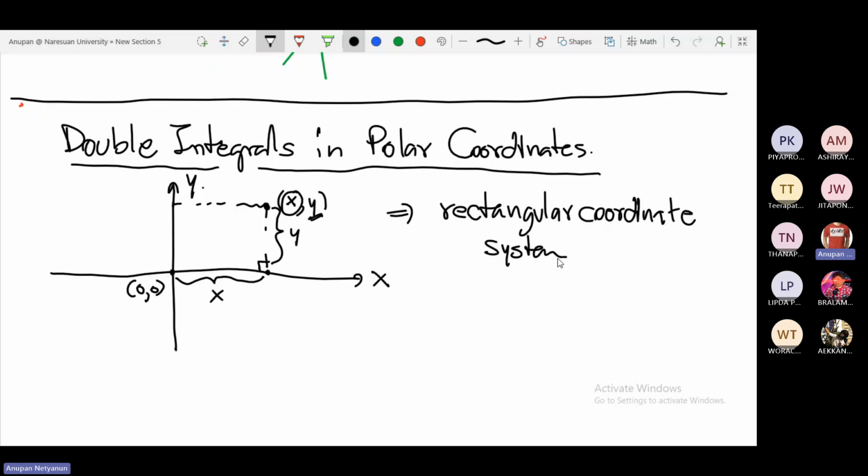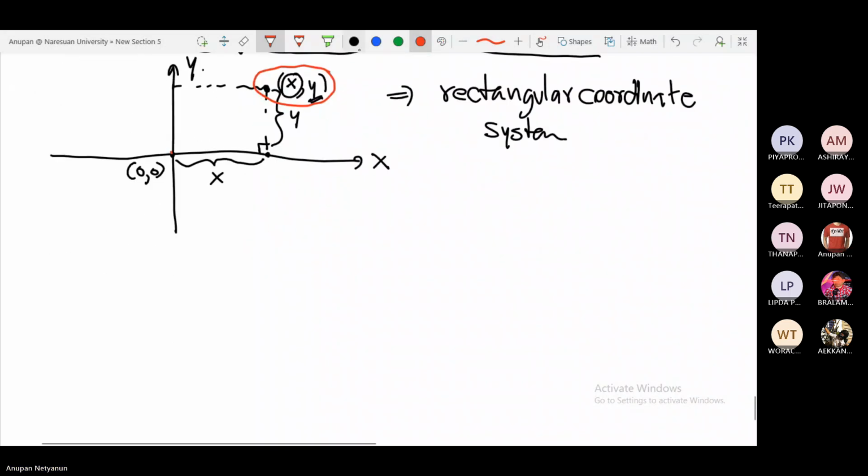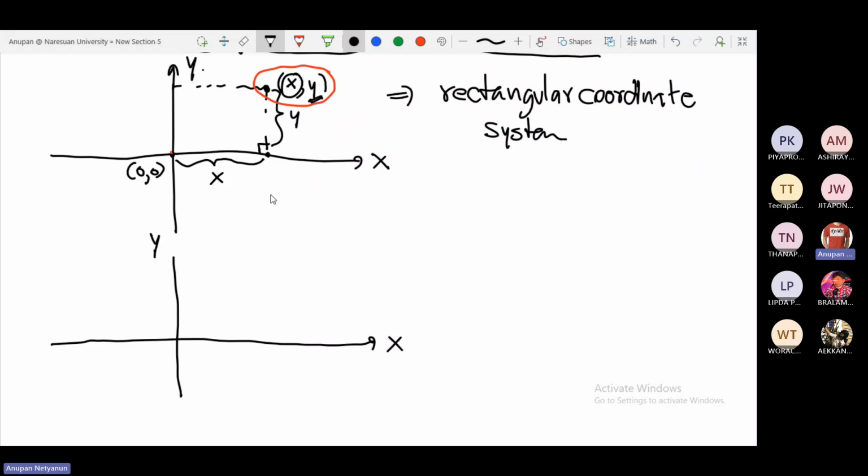Okay, now I can look at this point in a different way, to go from (0, 0) to this point from a different perspective. Let's see.